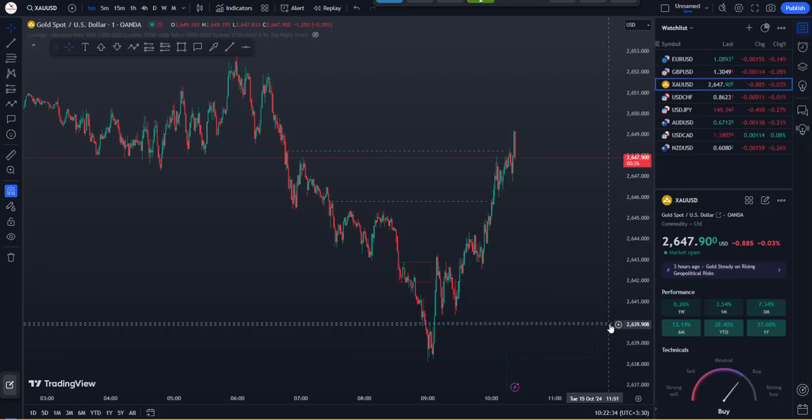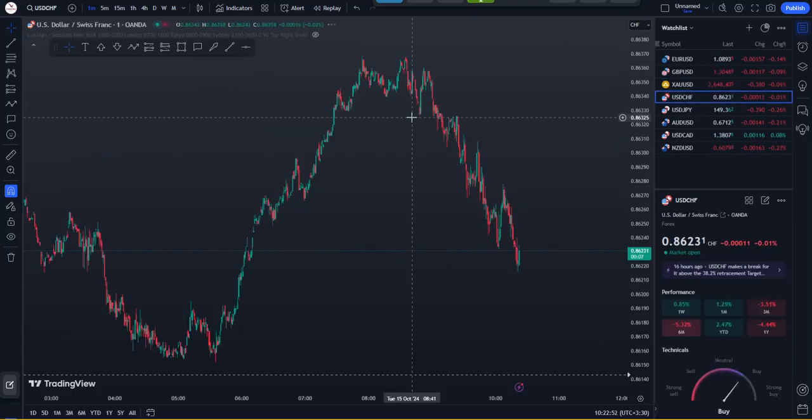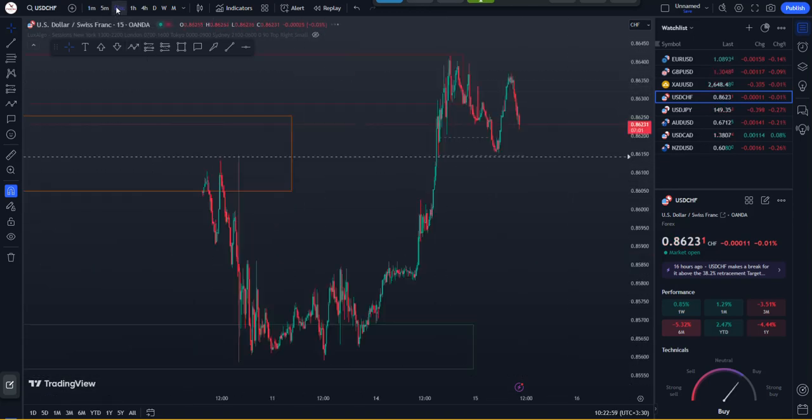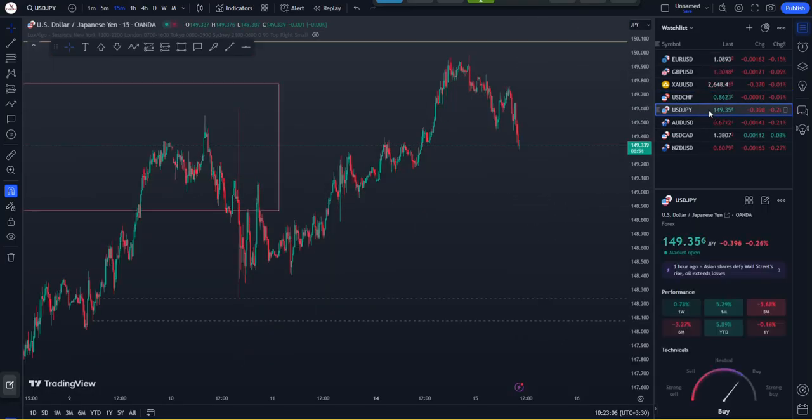I put my alerts to here and I'm waiting to see if price reaches the supply zones to here, and then see what happened. I just put an alert to look at it, not reacting, no trades anymore. So in USD CHF, I'm waiting for an engulf for going long, and go to USD JPY, see what happened.